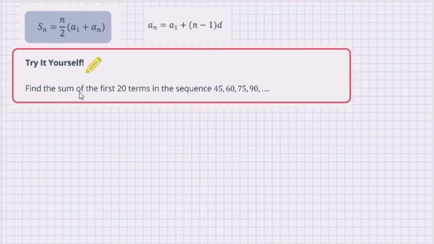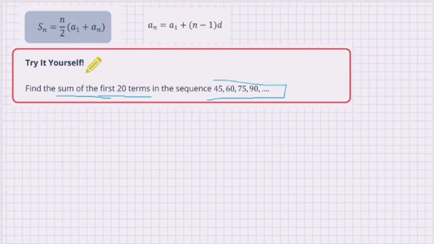I will give you the second example, which is to find the sum of the first 20 terms in the sequence 45, 60, 75, and 90. Remember, we just get the sum. Now let's take a look at the given sequence.